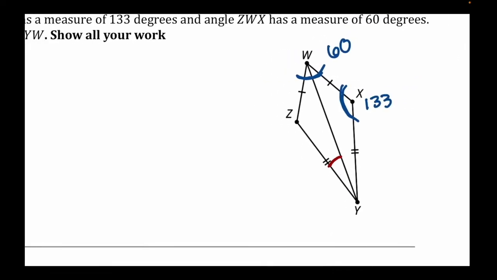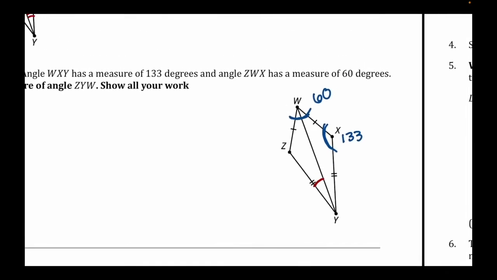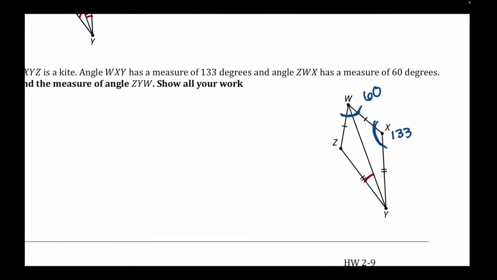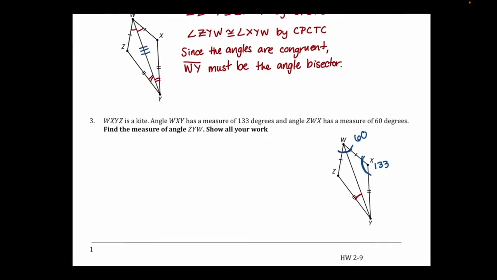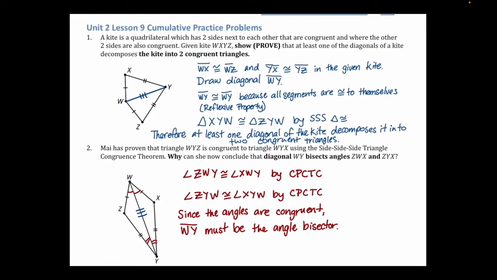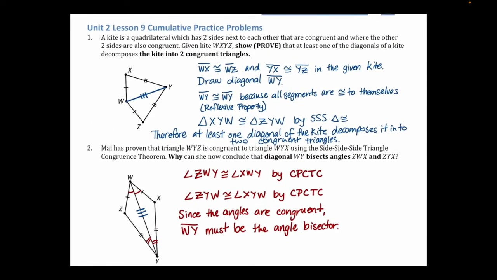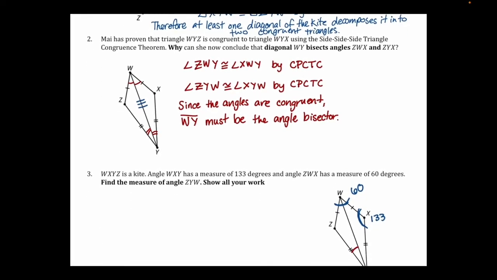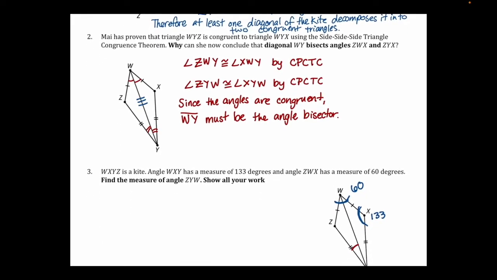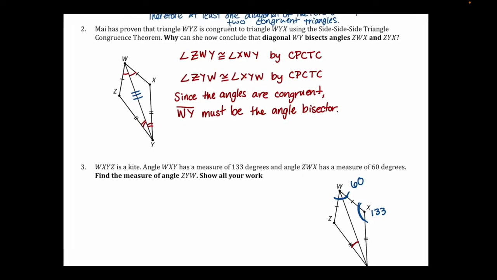Okay. Now, based on some things that I know, like corresponding parts of congruent triangles are congruent, we just proved two things: that kite, as long as that diagonal cuts down the middle, is going to have two congruent triangles by side, side, side, and that same diagonal is going to be the angle bisector of these pieces.